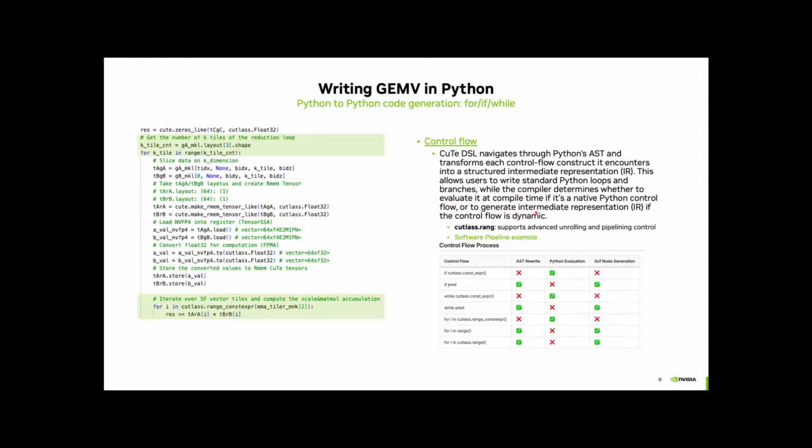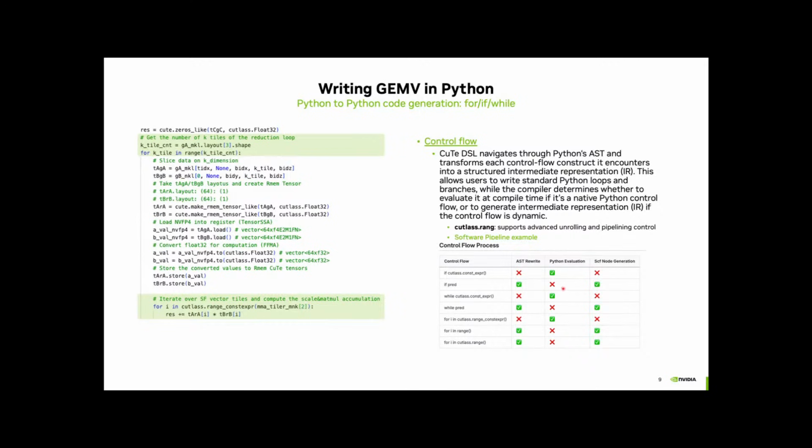And the last common feature we would like to show in the first example is the control flow. In CuTe DSL, we support for, while, and if control flow, which allows users to write Pythonic control flow in the code. Our DSL compiler will do AST processing based on the condition given for this control flow to determine whether it's Python evaluation code or some AST rewrite that generates the condition in the IR code.